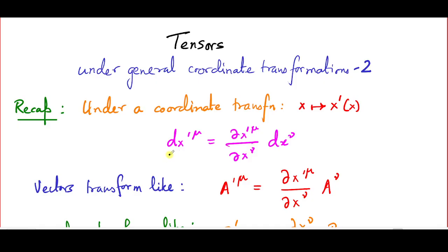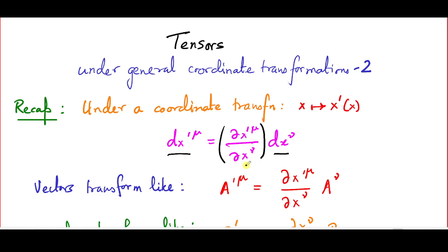Notice that the new coordinate differentials, that is the coordinate differentials of new coordinates, are linear combinations of the older coordinate differentials with coefficients given by these partial derivatives. And one major difference between this and the case of linear coordinate transformation is the following.